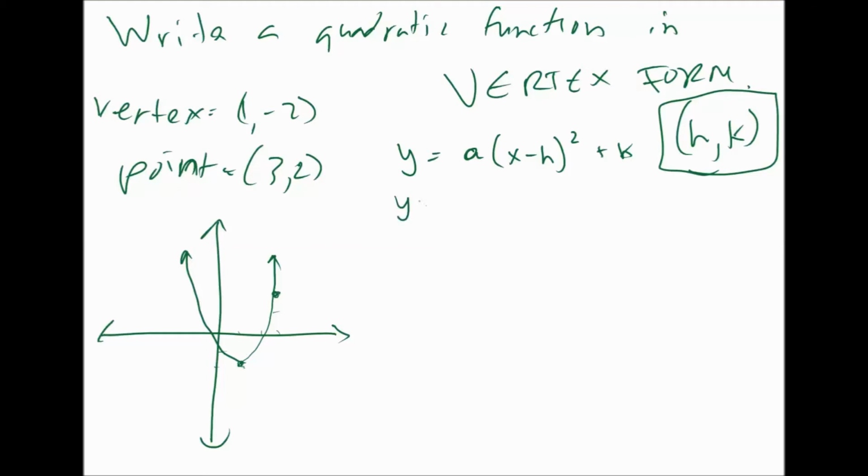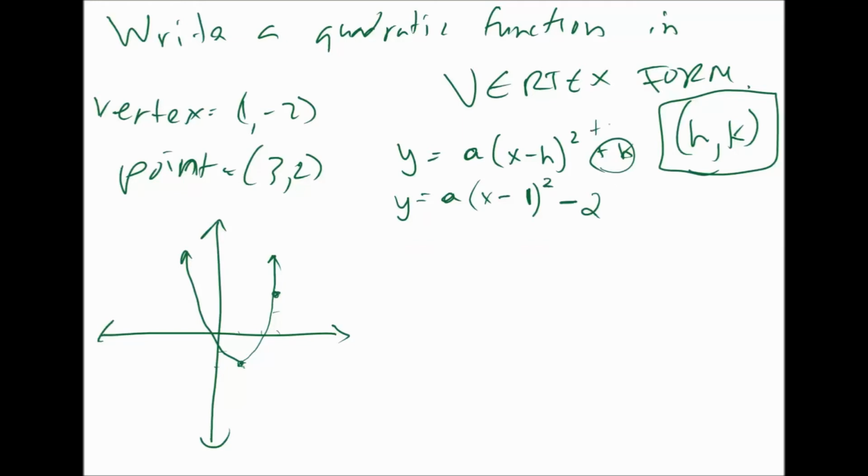So we're going to plug that in. Y equals a times x minus h, that's 1, squared, minus 2. The plus k, we would put in plus minus 2, but we can just say minus 2.